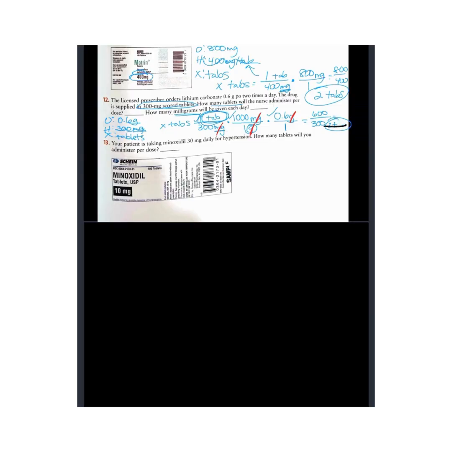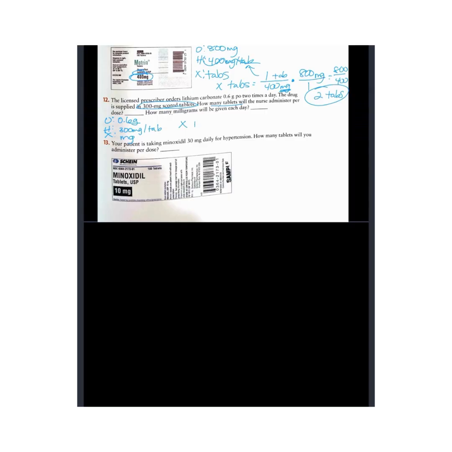Now my second question, we have to go back and figure out how many milligrams. So we're going to have to write that out. This, what we have on hand, is 300 milligram per tab. And I want to figure out milligrams.